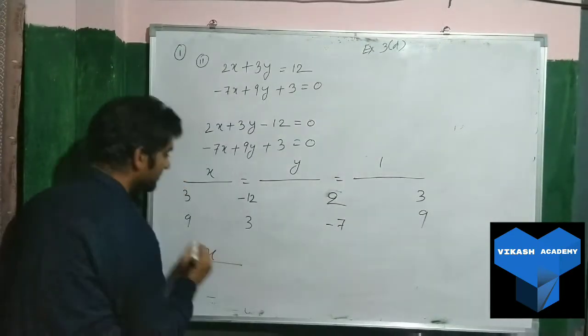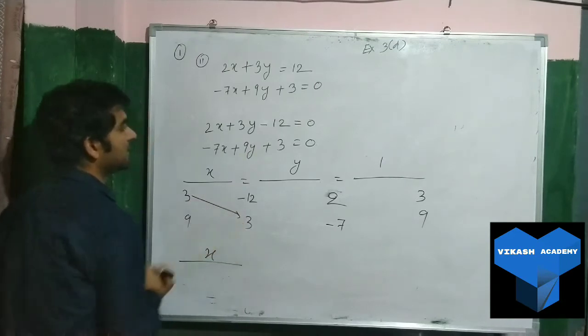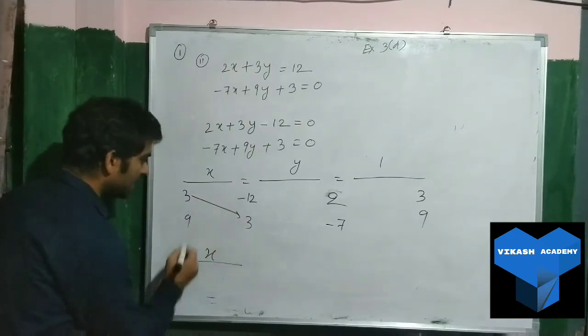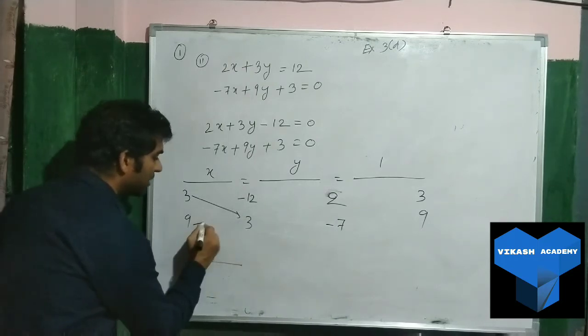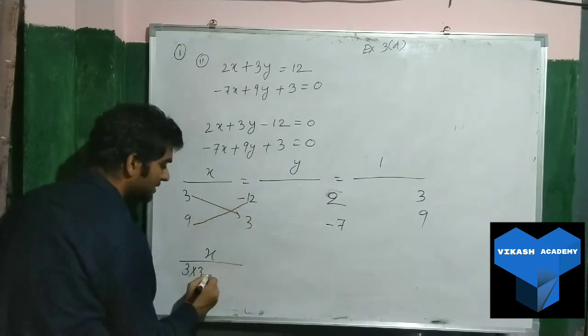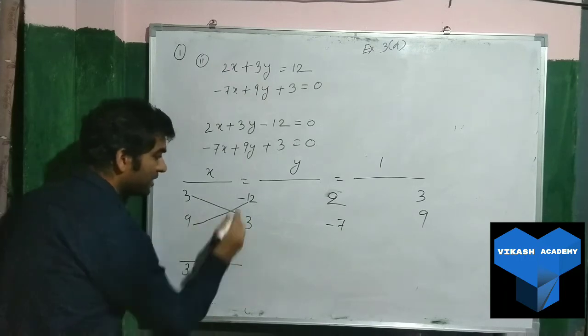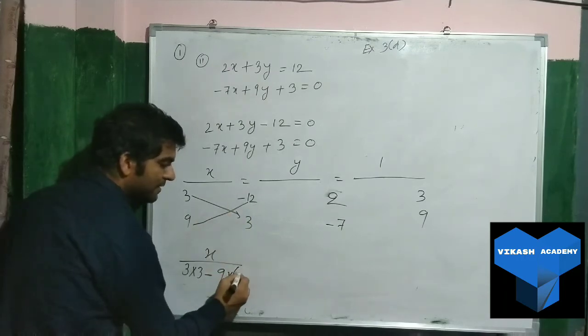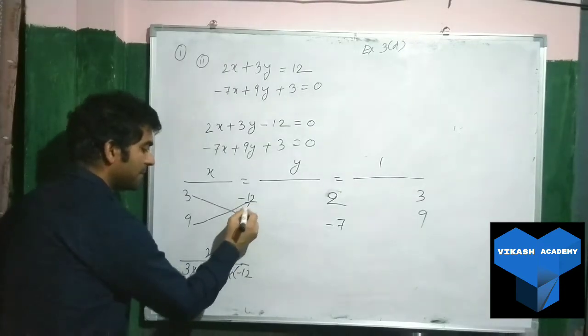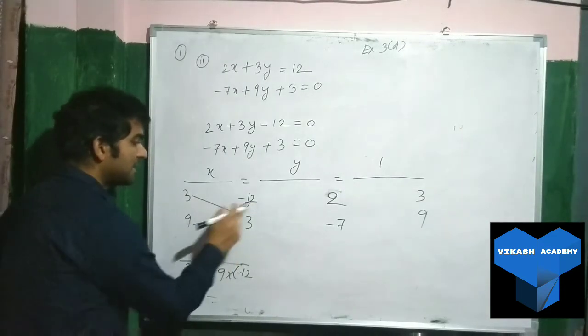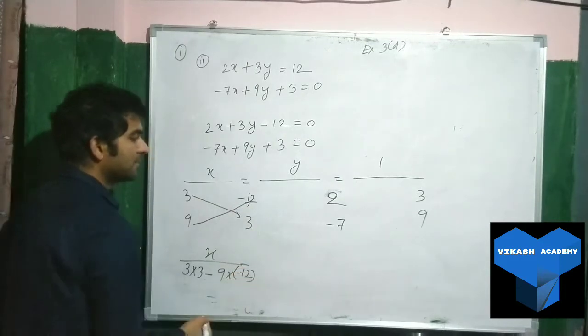Next, cross multiply it, you will get the answer. Here it will be x, multiply 3 into 3. So 3 into 3 directly you can multiply, and when you go from down to up it will be minus sign. So minus 9 into minus 12. So remember, when we go from down to up it will be minus here. Then 9 into minus 12.